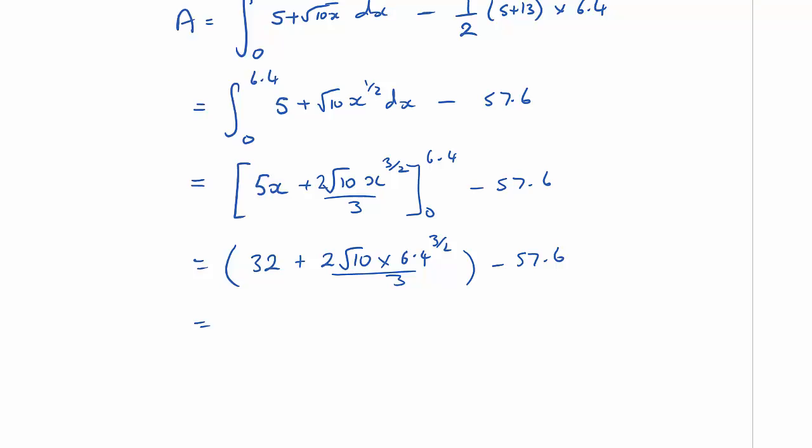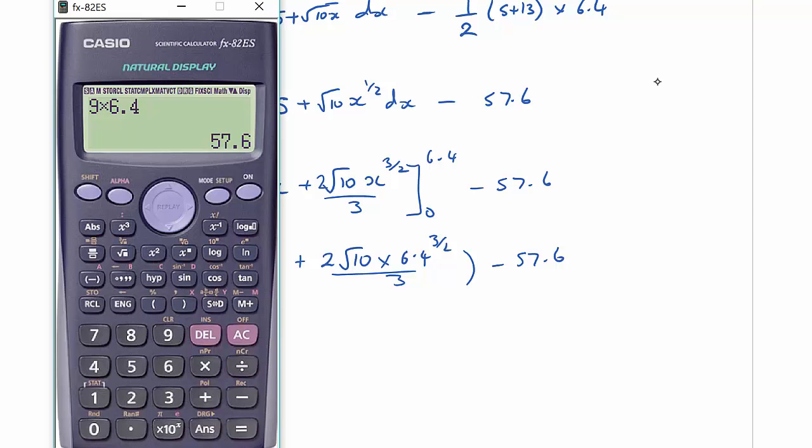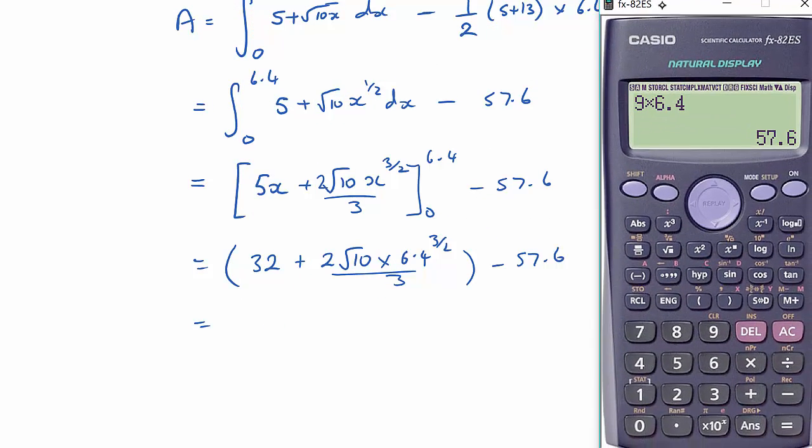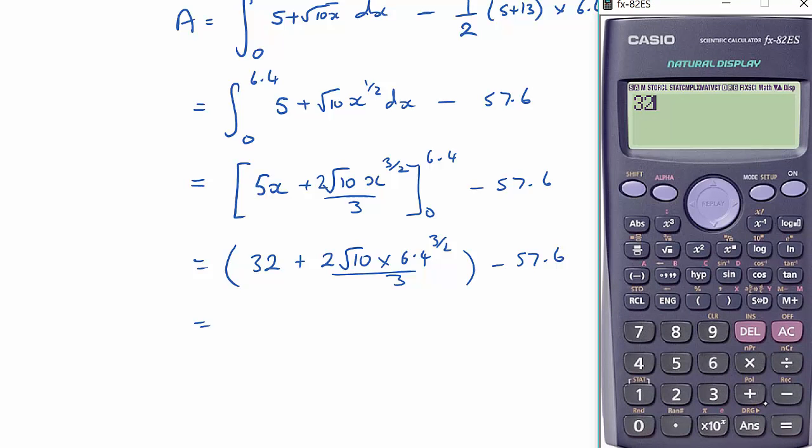Let's have a look. Let's just bring the calculator over here. So we've got 32 add 2 multiplied by the square root of 10 multiplied by 6.4 to the power 1.5.